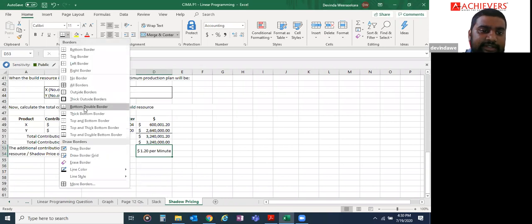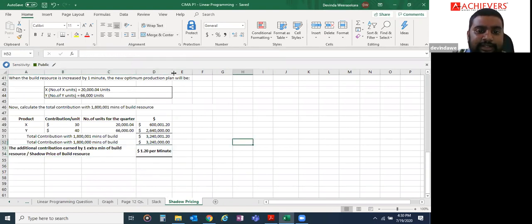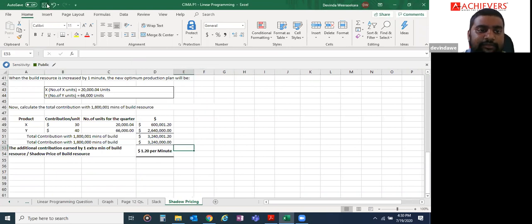So this is the shadow price. Shadow price of build is $1.2.